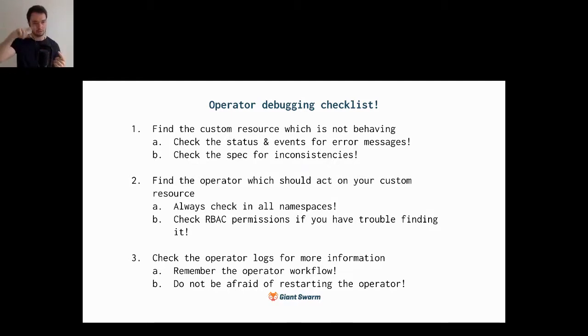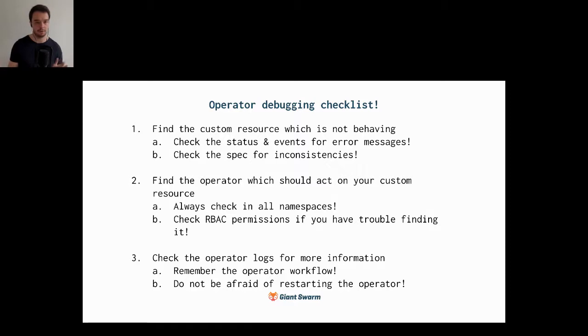Basically, they always go through this control loop, as we talked about. You can, in theory, or you should be able to just kill them at any point. And this can help a lot of the time, because maybe something was wrong with your pod or whatever. You don't need to be afraid to just delete the operator pod and the deployment will bring it back, or however it will be brought back.